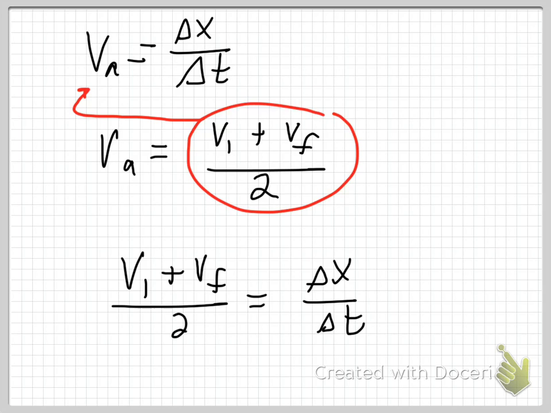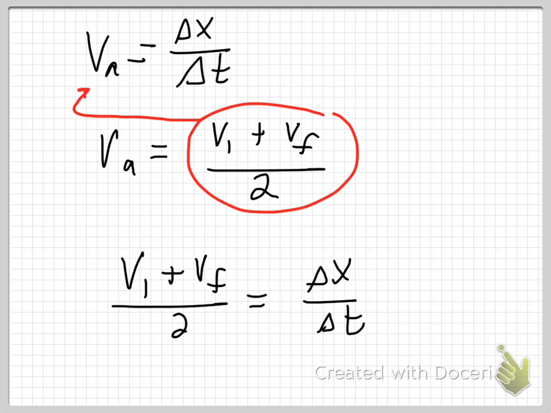Why is this useful? Sometimes we actually want to know what initial or final velocity is. Sometimes we want to know what kind of distance it would take us to stop, if we've got this initial velocity and this final velocity, or how long it would take us to stop. So it's useful to have these things.